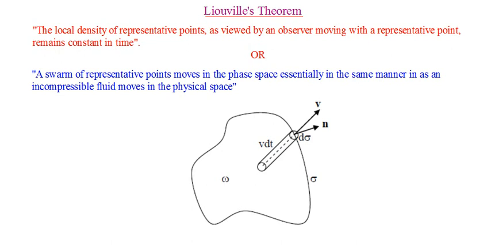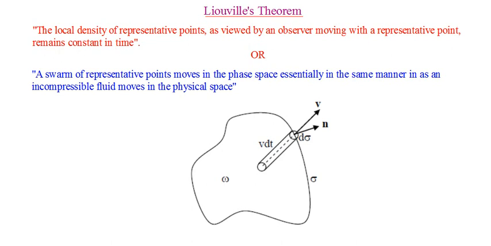For example, I once again invite your memory to the idea of the phase space trajectory of a one-dimensional harmonic oscillator, which we have proved to be an ellipse. So we know that the way in which the representative points move in the phase space can give a lot of information regarding the time evolution of the system.